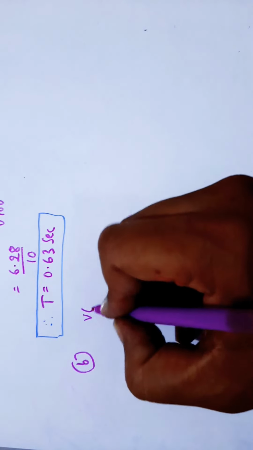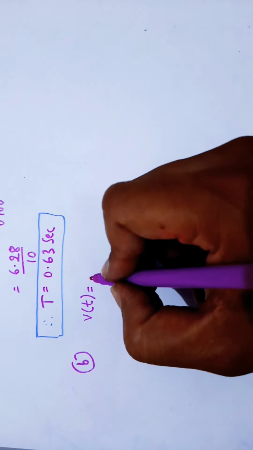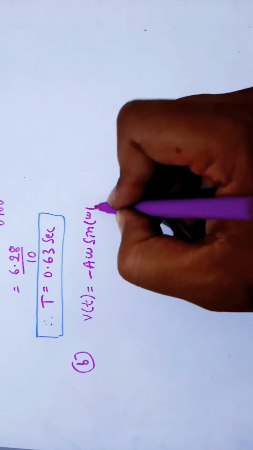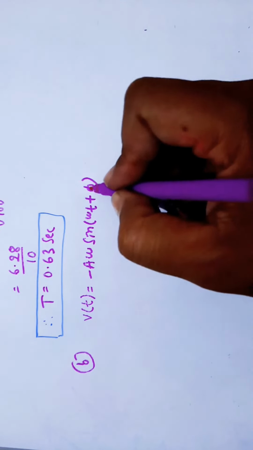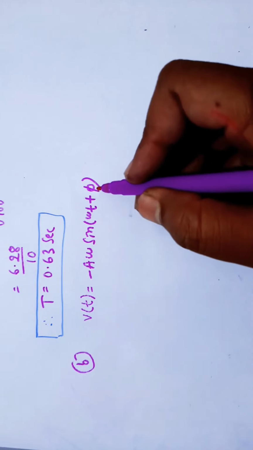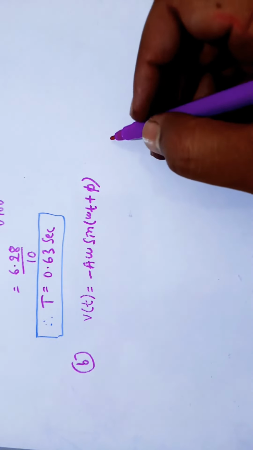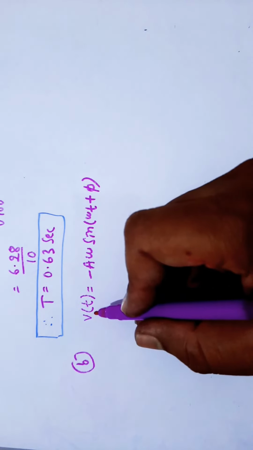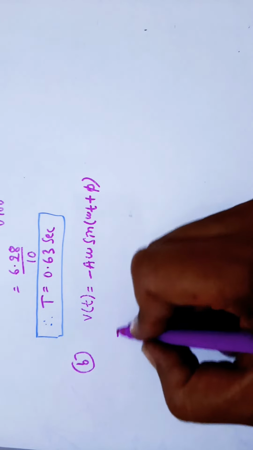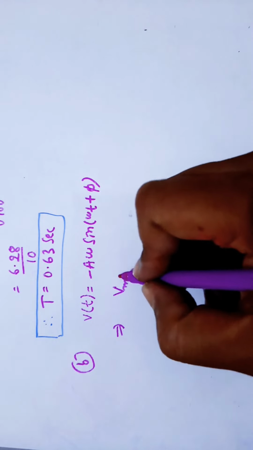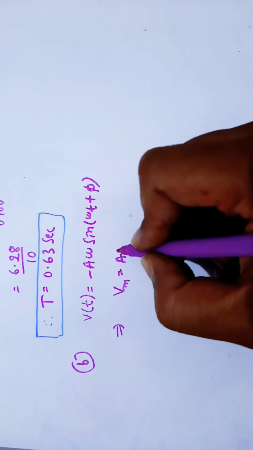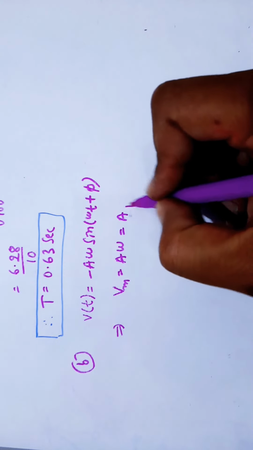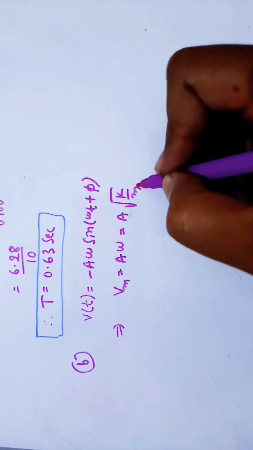See the second one. We know that v of t is equal to minus A omega sin of omega t plus phi. When the value of sin of omega t plus phi is plus or minus 1, then v is maximum. So what is v maximum? That is A omega. But omega is equal to square root of k by m.